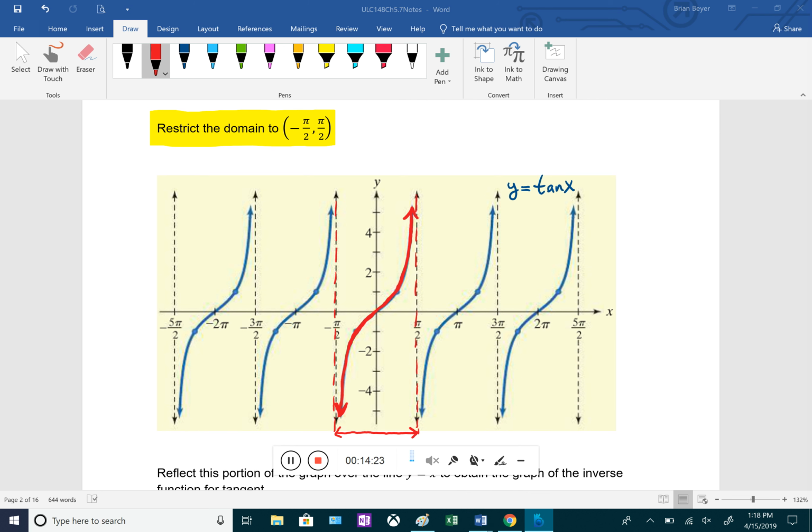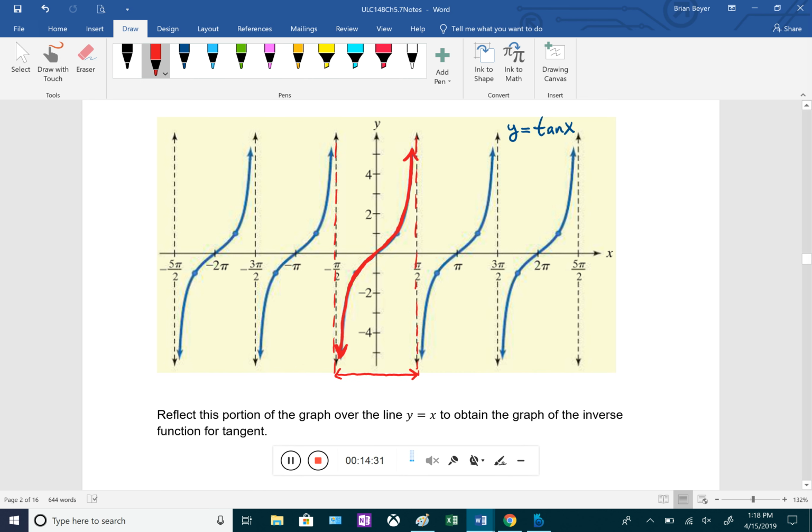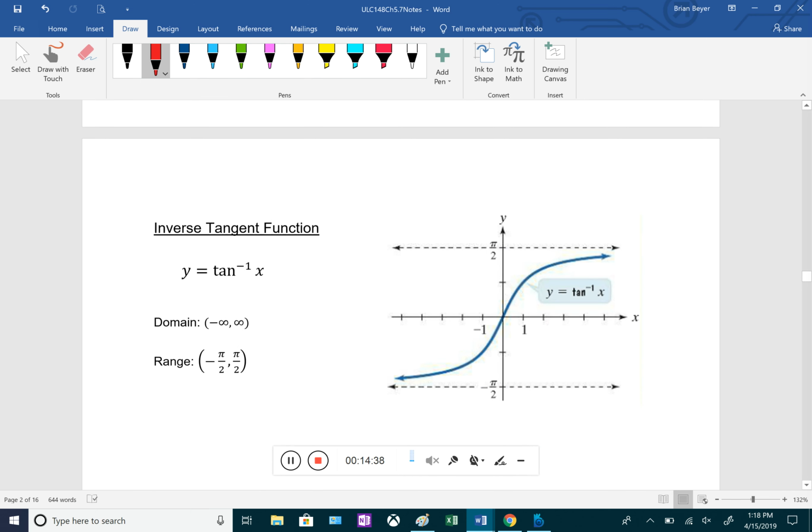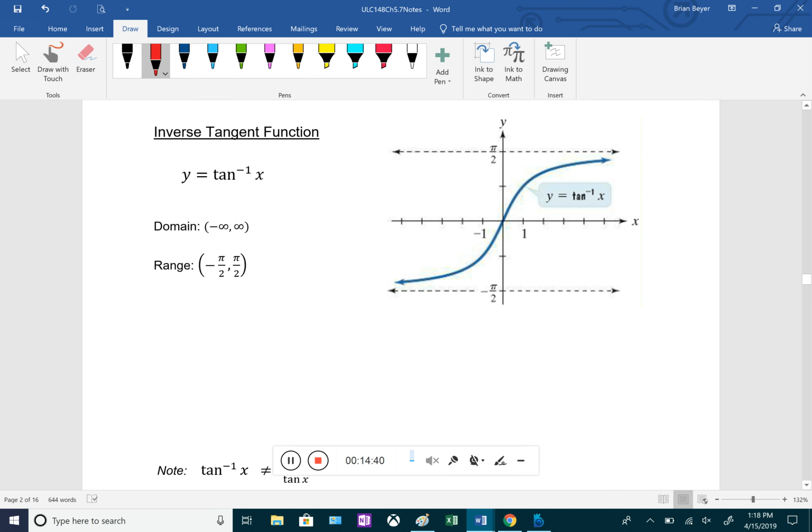We're going to pretend like the tangent function only exists between those two values, and we're going to reflect it over the line y equals x once again to get its inverse function. So the graph of tangent inverse, y equals tan inverse of x, is going to look like this graph on the right.